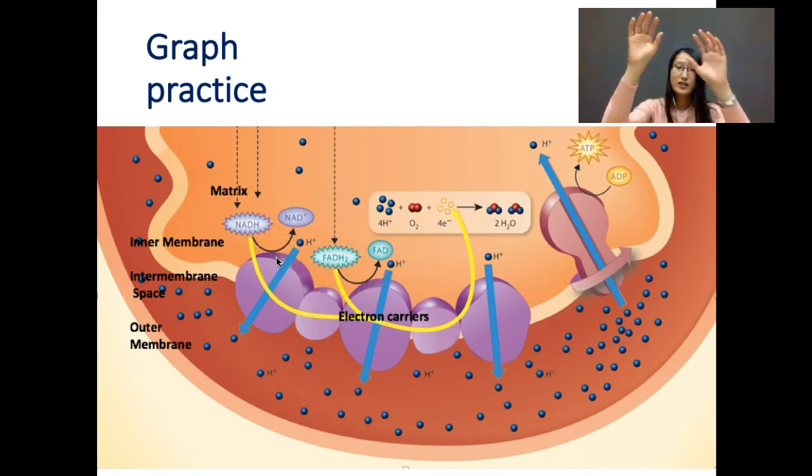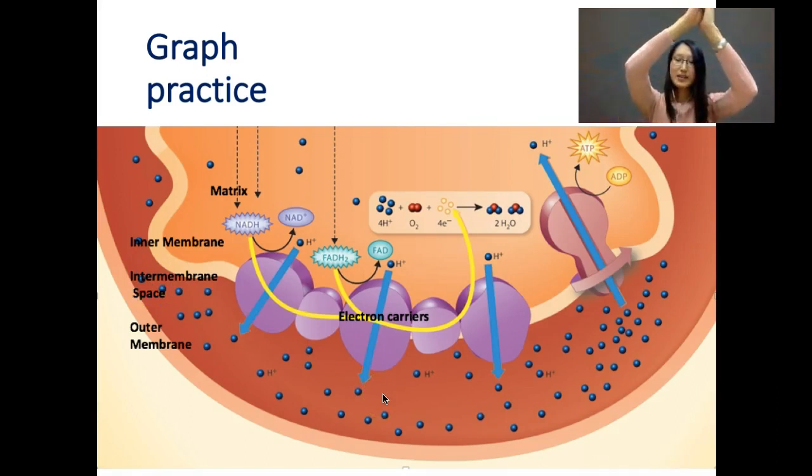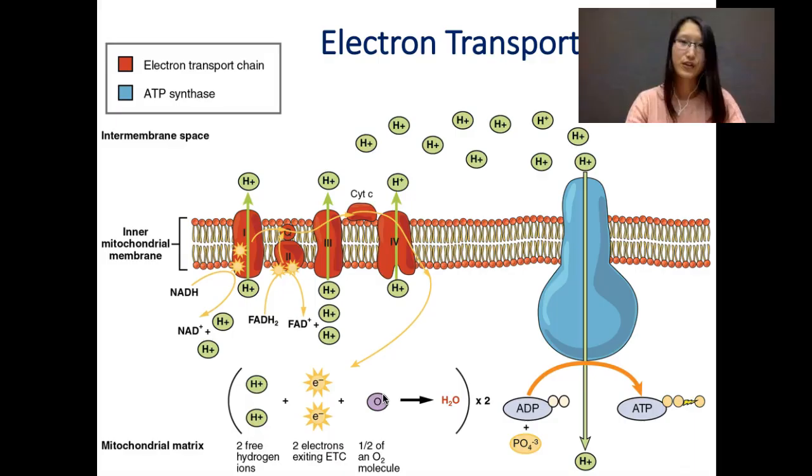And then as the electrons are moving down the electron transport chain, which is made out of proteins, hydrogen is pumped from the matrix to the intermembrane space. And then this hydrogen has to flow back out. As it's flowing back out, the ATP synthase spins, and now we make ATP. And now we have energy.